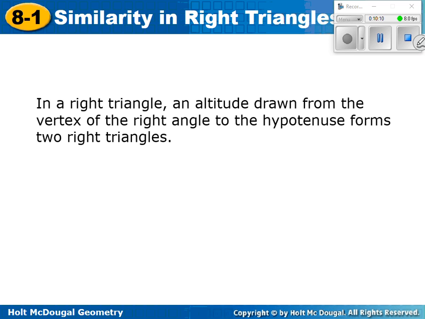You have to have a special kind of triangle. That kind of triangle is, it has to be a right triangle. What we're learning today only works if you have a right triangle. If you have a right triangle, and in that right triangle you have an altitude drawn from the vertex of the right angle. So I want to stress this over and over again. What kind of triangle do you have to have today?